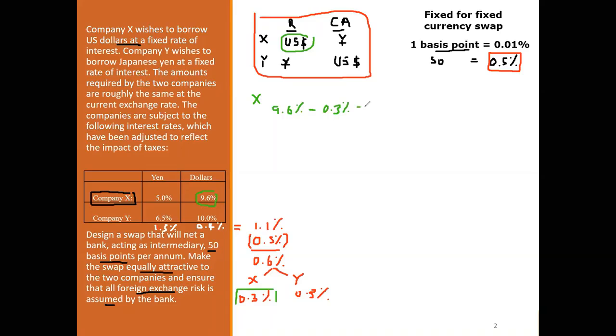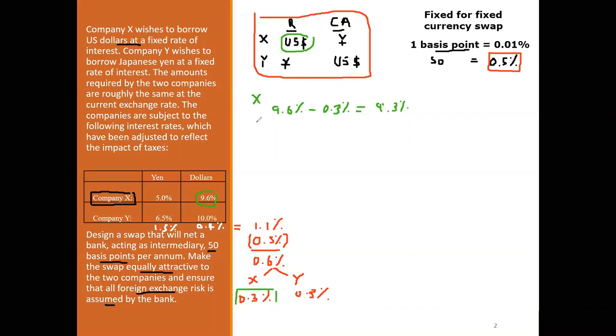So the ultimate cost to X after the swap should be 9.6% minus 0.3%, which gives you 9.3%. So this is for X.